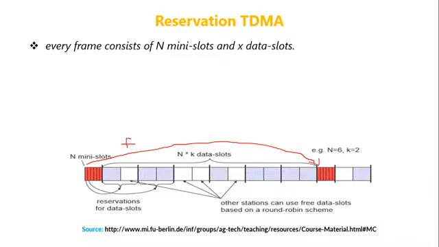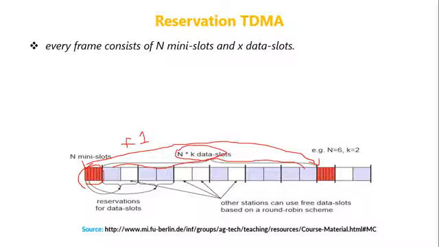Each frame consists of n mini slots and x data slots. This is called the mini slots, and these are the data slots. All these are data slots, from here to here.